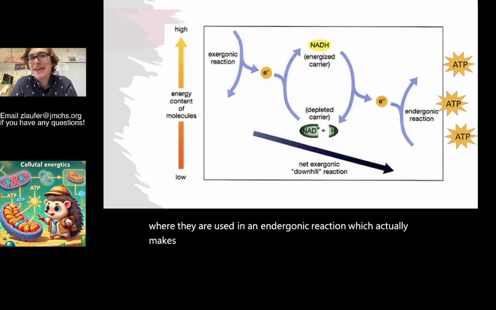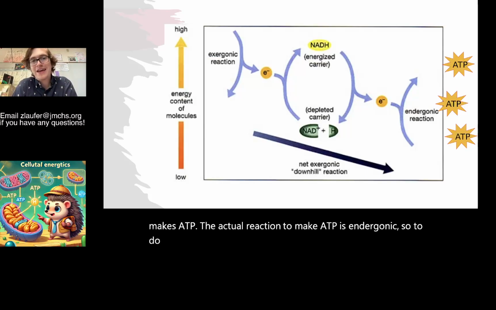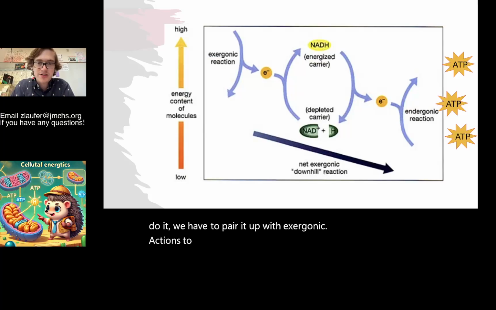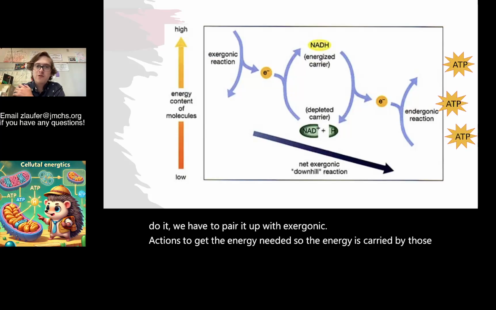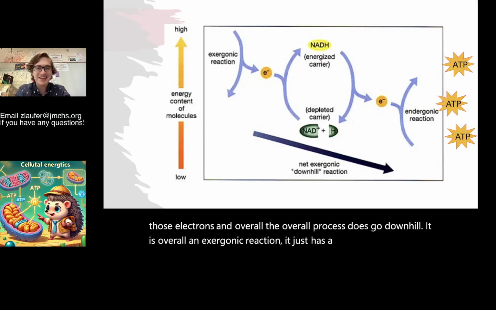The actual reaction to make ATP is endergonic, so to do it, we have to pair it up with exergonic reactions to get the energy needed. So the energy is carried by those electrons, and the overall process does go downhill. It is overall an exergonic reaction. It just has a few endergonic steps in it.